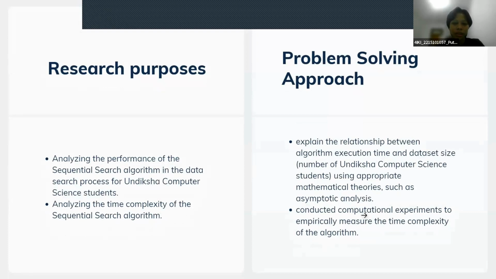The problem-solving approach is explaining the relationship between algorithm execution time and dataset size, which is the number of Undiksa computer science students, using appropriate mathematical theories such as asymptotic analysis. The last one, we conduct a computational experiment to empirically measure the time complexity of the algorithm.